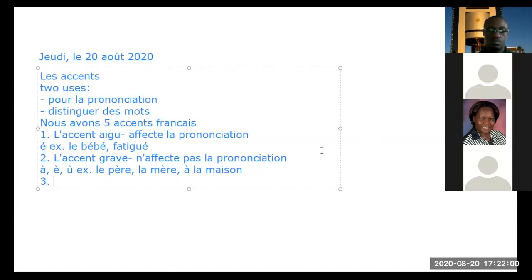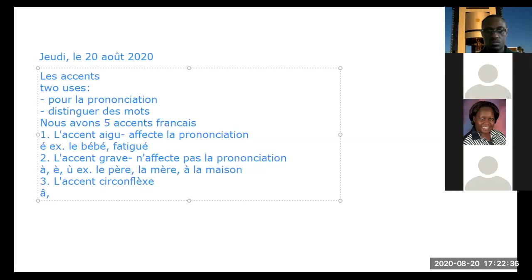Très bien. Then we have the third accent, that is l'accent circonflexe. This accent looks like a heart. It is found mostly on letter A. You can find it on A, E, O and I. You can find it on those vowels.